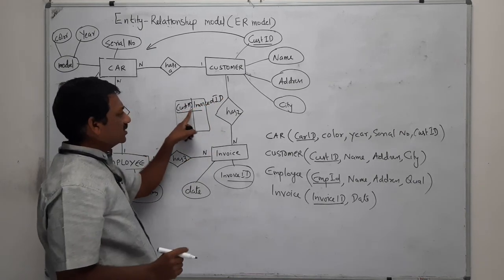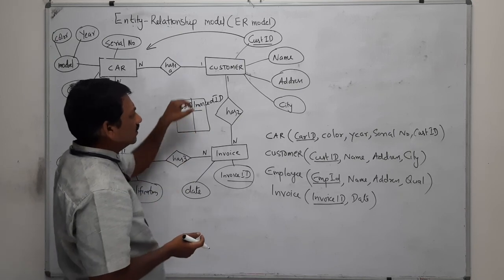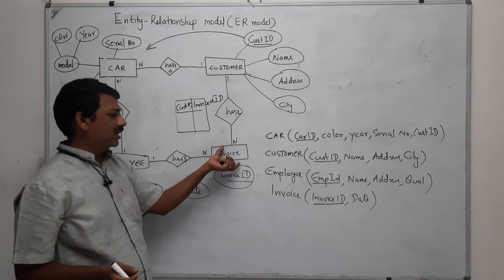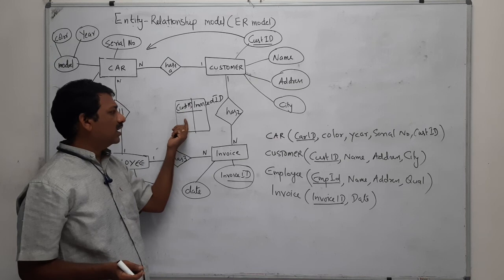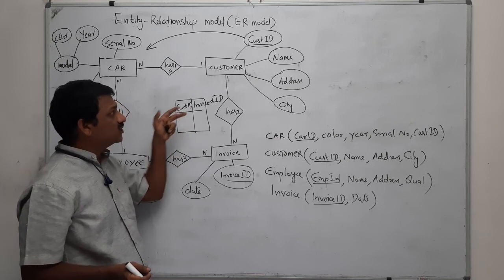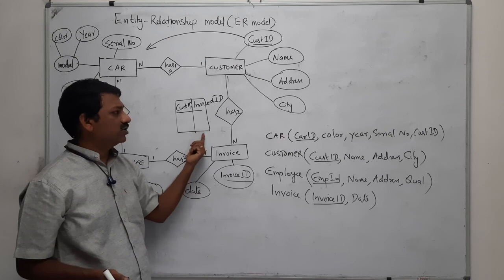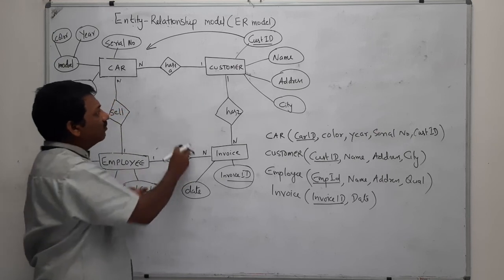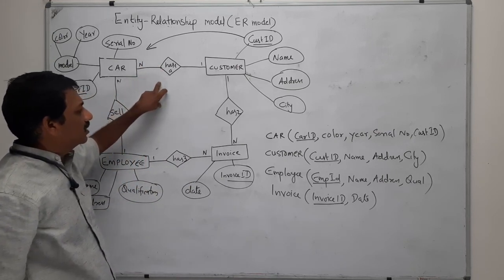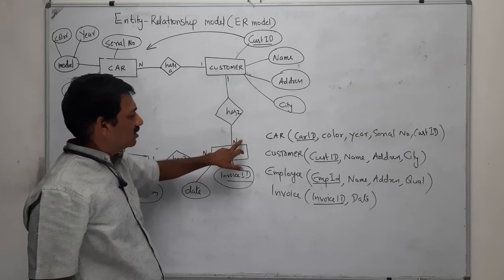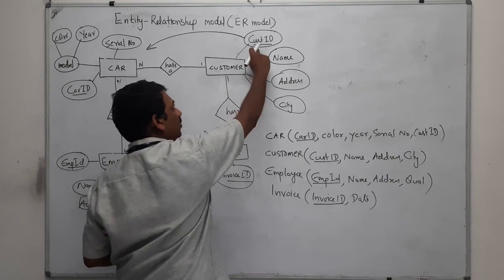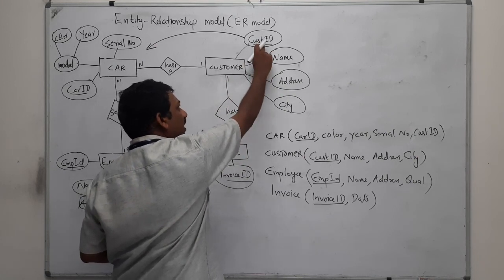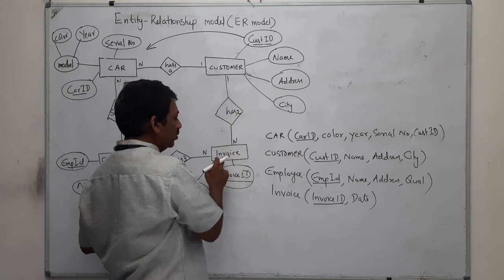That means if this customer is receiving invoices, and suppose that he is getting 10 invoices, then there should be 10 couples with the same customer ID, different invoice ID. So in that case, as I told you, this is one side and this is the many side. From the one side you have to copy the primary key of that side, and that attribute has to be included in the many side.